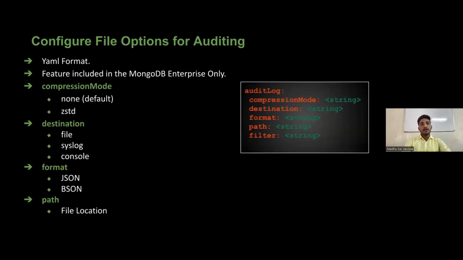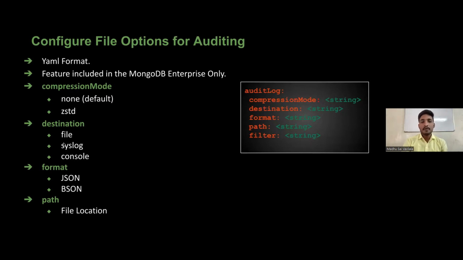Configuration steps involved in auditing. It is in YAML format. MongoDB by default has a YAML format config file only. These features are included in MongoDB Enterprise versions. The compression mode by default is none. If we want to enable compression, then ZSTD is the compression method. Destination: file, syslog, or console. Here we need to talk about the syslog.